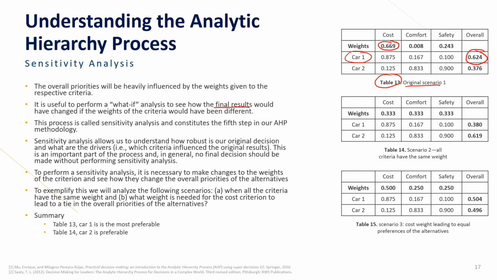In table 2, where we have the same amount of weight for each criterion, so it's equal, you can see that there is a change here. Car 2 will be more preferable if you put the same weight. However, if you want to see what value of weight will give somewhat equal results, we cannot get exactly equal, just somewhat equal, it's when you give the weight of cost as 0.5.